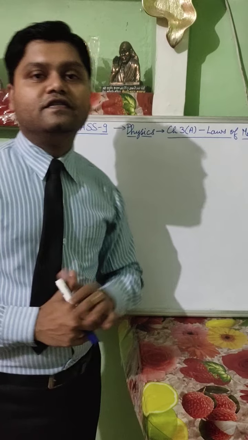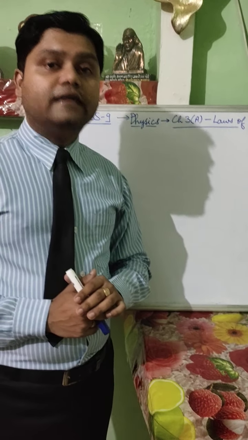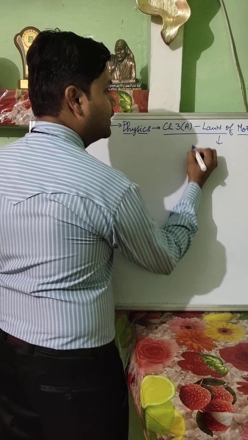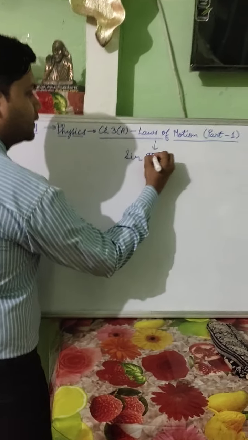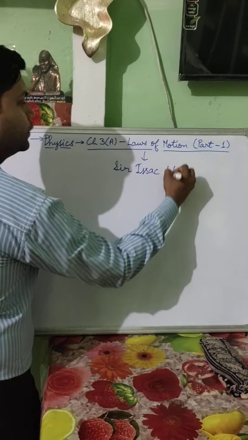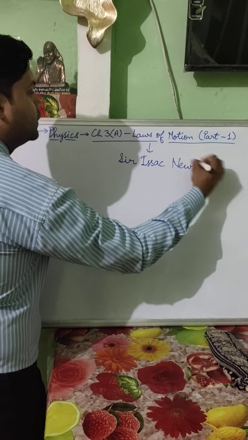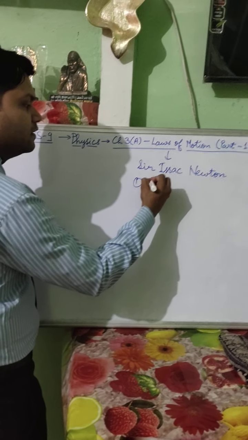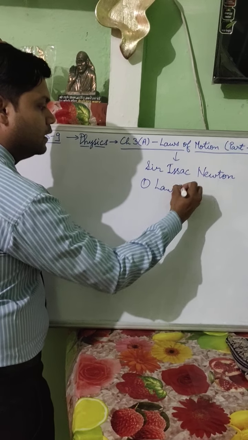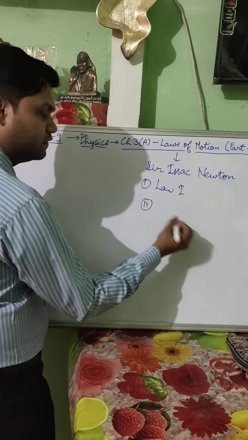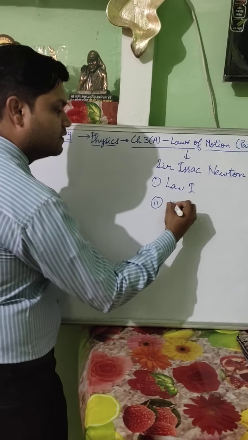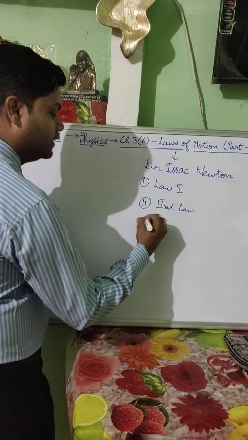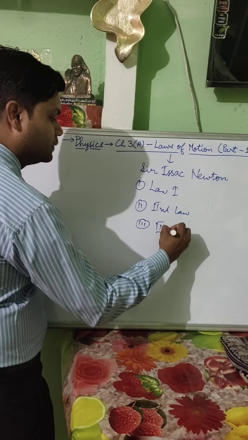We all know that we have studied in previous classes that laws of motion were given by scientist Sir Isaac Newton. Sir Isaac Newton has given 3 laws of motion, which are named Newton's first law of motion, Newton's second law of motion, and Newton's third law of motion.